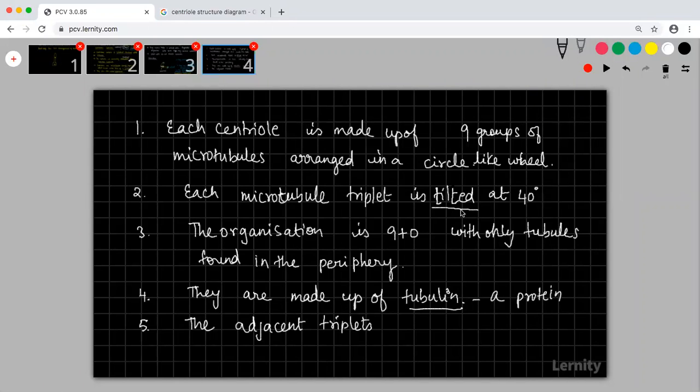If something is made up of microtubules, they will be made up of tubulin. It is tilted. The adjacent triplets are connected by proteinaceous linker.